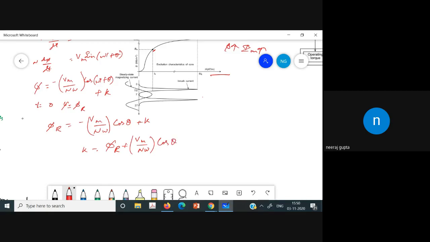So we have the value of k, and the final expression for the flux of the transformer during the initial condition is obtained by substituting the value of k.